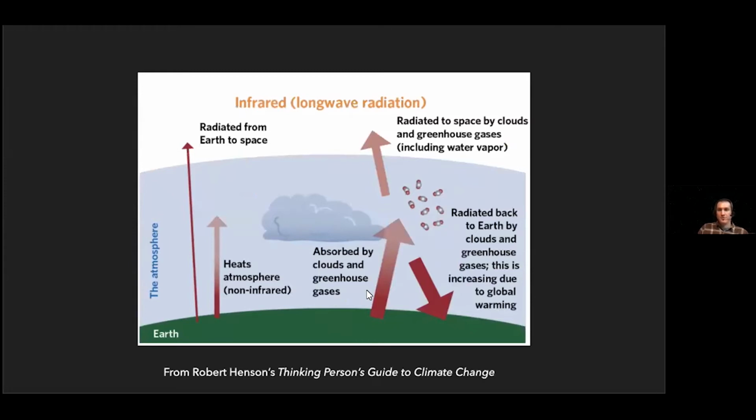The important takeaway is that what we refer to as the greenhouse gases, gases like water vapor, carbon dioxide, methane, and nitrous oxide, those are the key ones right there, are relatively transparent to incoming solar radiation, but they are effective absorbers of Earth's outgoing infrared radiation.